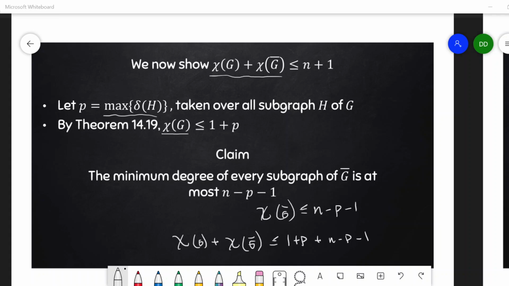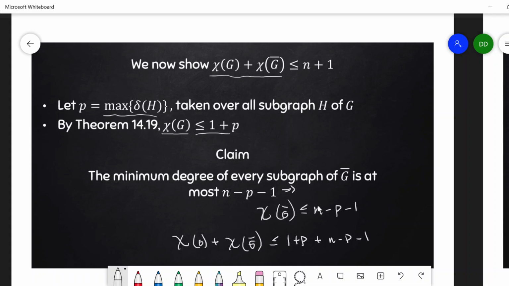Another little mistake here. I always like to leave these mistakes in just because they're good learning moments. Right, so here I said the chromatic number of G complement was at most n minus P minus 1. I thought that followed from the minimum degree of every subgraph of G complement being at most n minus P minus 1. But recall, theorem 14.19 says the chromatic number of G is at most 1 plus this.